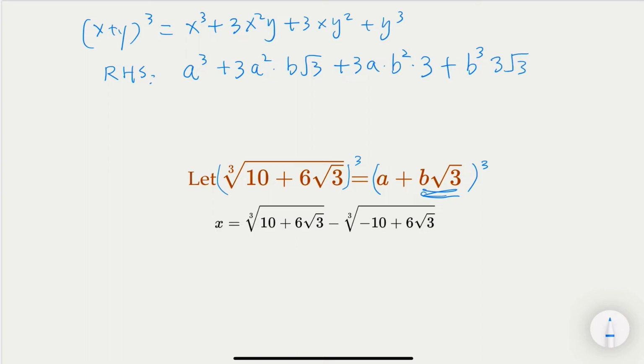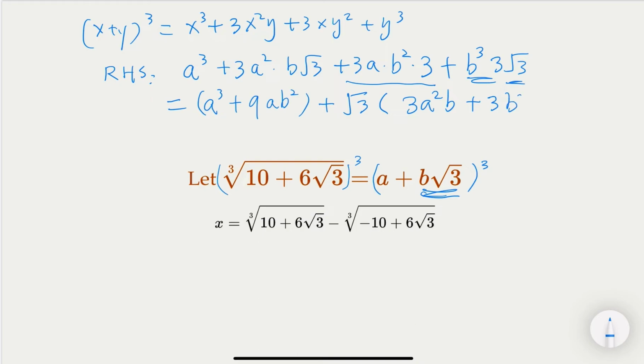All right, let's combine the square root of 3 terms. What we get is a to the third power plus this constant term, which is going to be 9ab squared, plus the other one, where we get a square root of 3 times (3a squared b plus 3b squared).